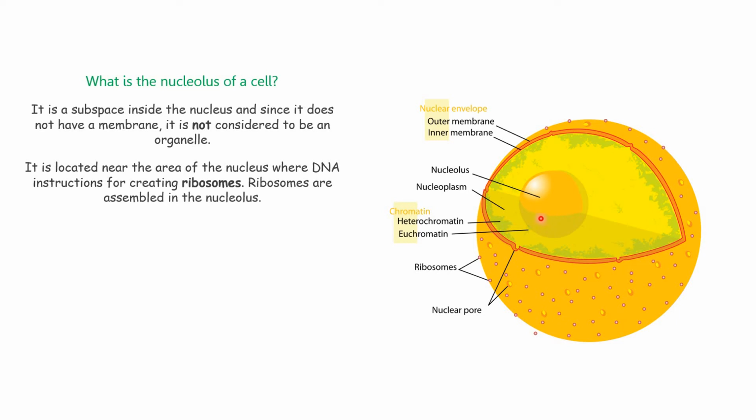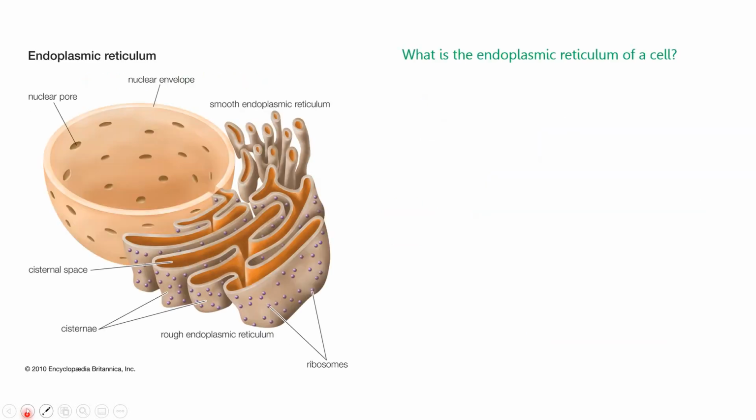So it depends where you'll find most of the instructions for the creation of ribosomes inside the nucleus. Nakadepende doon kung nasaan din yung nucleolus. Again, nakadepende kung saan banda dito yung mga chromatins containing the instructions for creating ribosomes. Nakadepende doon kung saan makikita yung nucleolus.